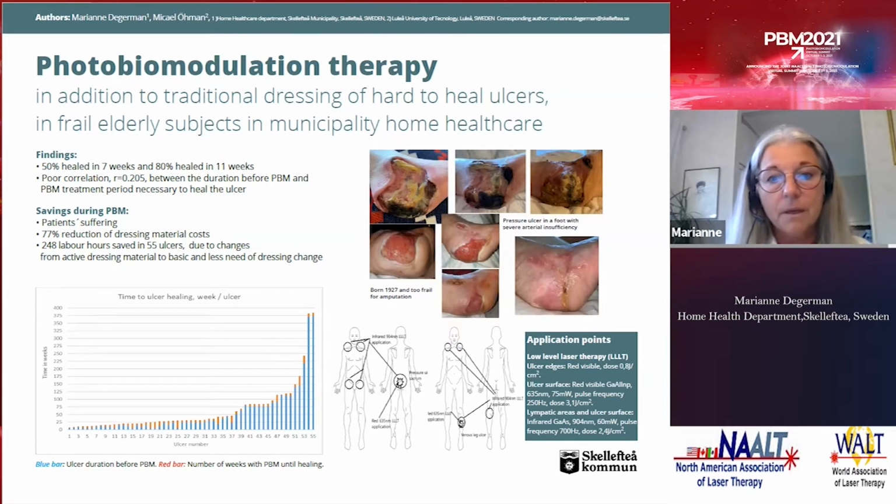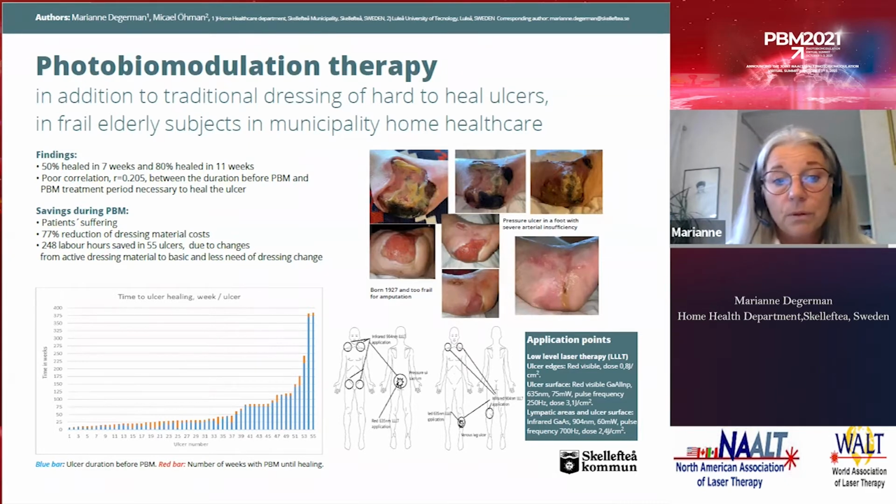We have treated 55 ulcers, and we found that 50% of them healed in 7 weeks and 80% healed in 11 weeks. As you can see in the diagram below, the blue bar is the ulcer duration before PBM, and the red bar is the number of weeks with PBM until healing.